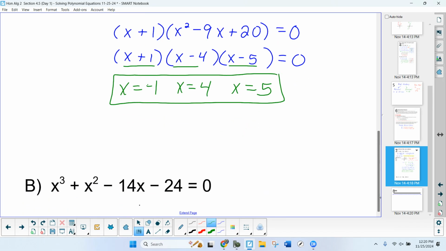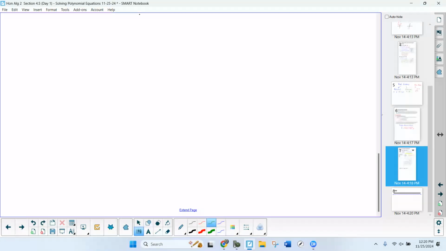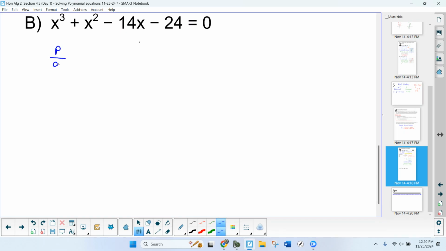Okay, let's try one more. Do our traditional factoring methods work? No. So let's do P over Q, just to get used to it. Factors of what over factors of what? 24 over 1. Do we even need the 1 in this case? No. So what are your factors of 24?